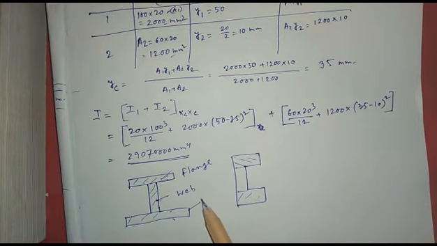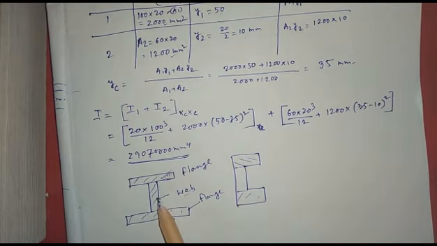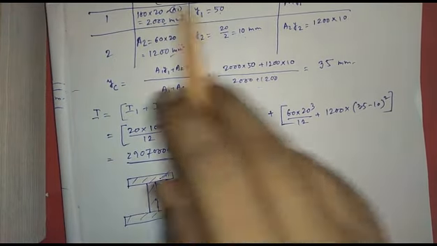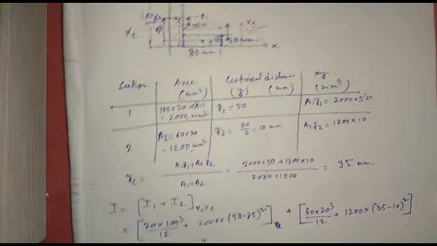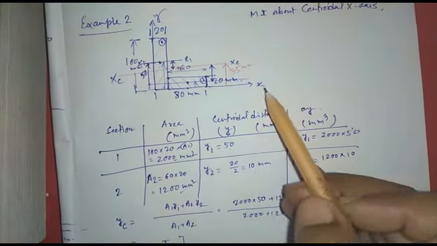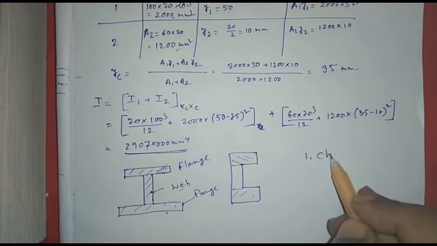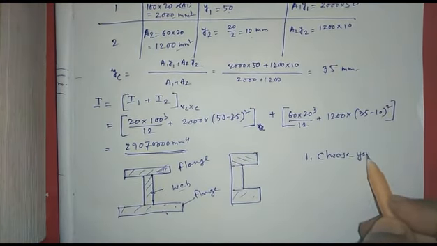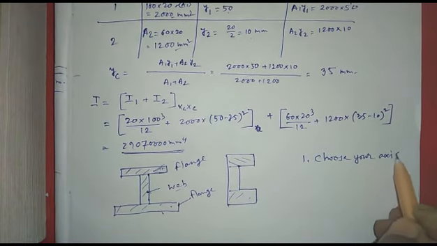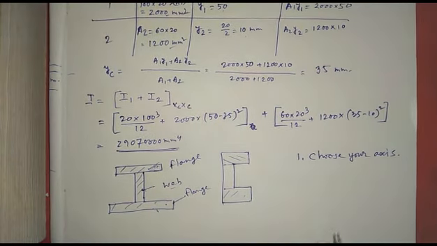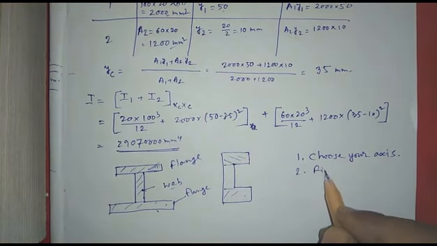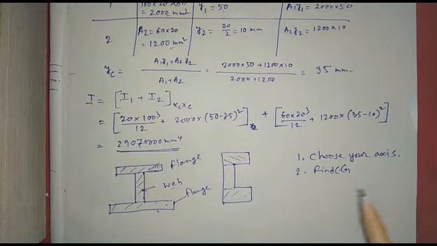So two flanges, so take two sections there, and for one web one section. So in this way you can calculate anything. You only need to make sure that initially you choose your axes, what is your x and y. Find the CG. Then repeat this process.